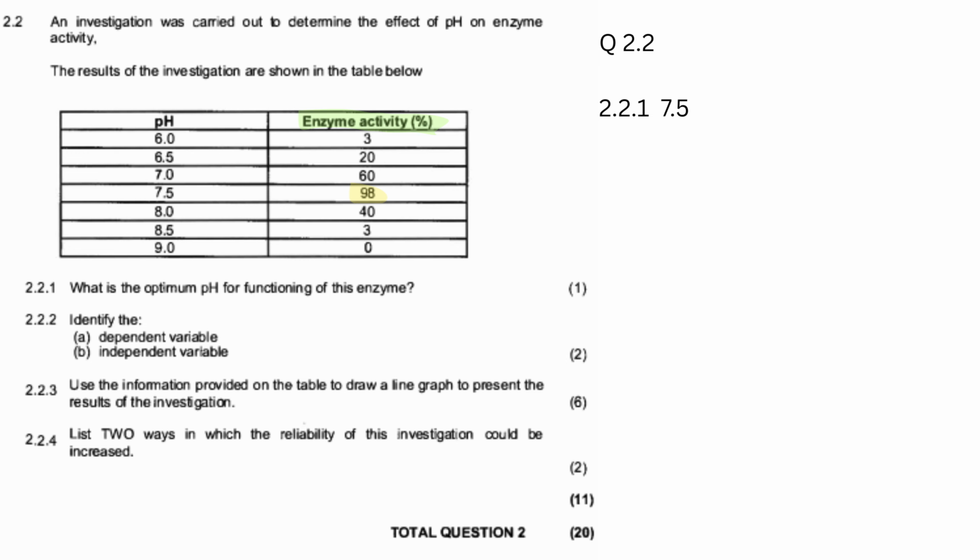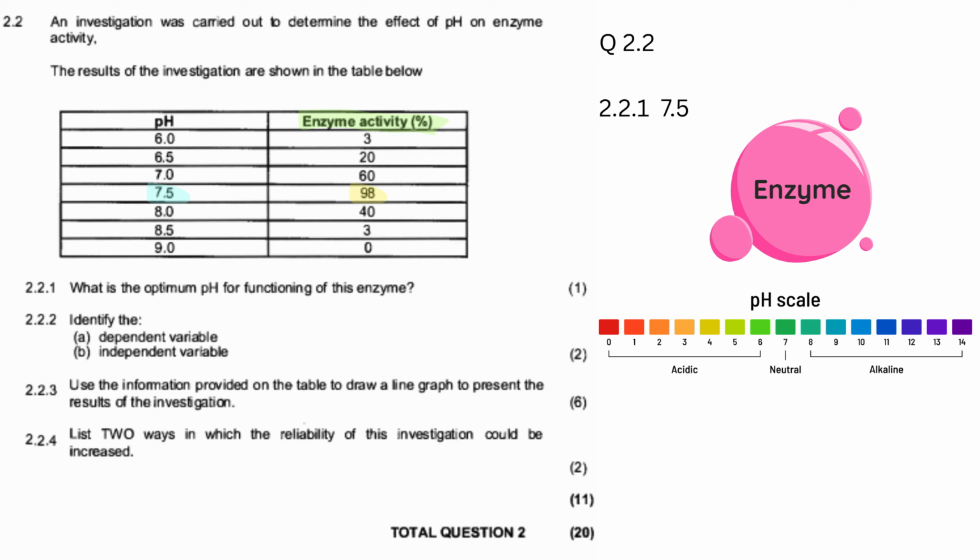And if you look across the pH column, that happens to be exactly at pH 7.5. The reason is that enzymes are very picky. They have a specific sweet spot where they work the fastest before the environment becomes too acidic or too alkaline for them.